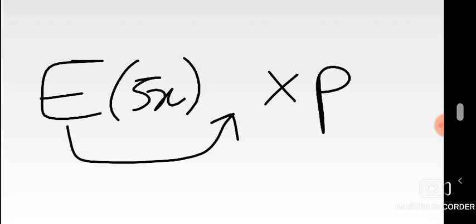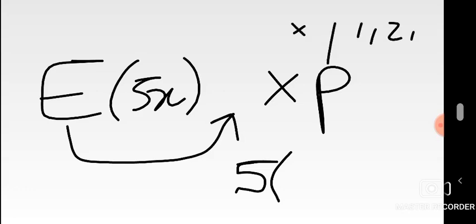Now take note: when you're substituting in this formula, before you put on the x variable, start with 5, because x has a coefficient of 5. That's how you interpret that. So 5, and then now the x values. Remember your table: x is equal to 1, 2, and 3.